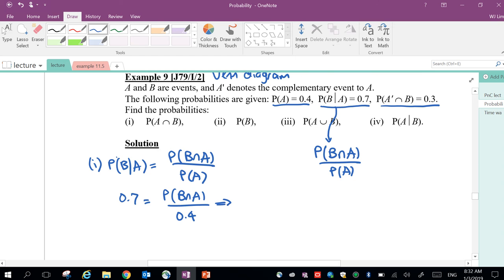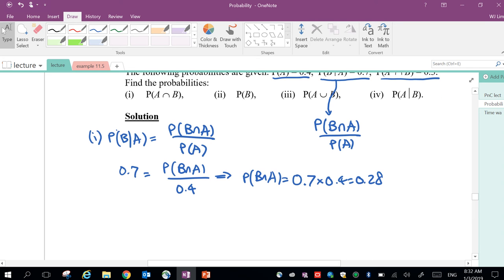So this gives you B intersect A to be 0.7 times 0.4, 0.28. So whenever you see conditional prob, you must be sensitive to the formula. You must remember the formula.